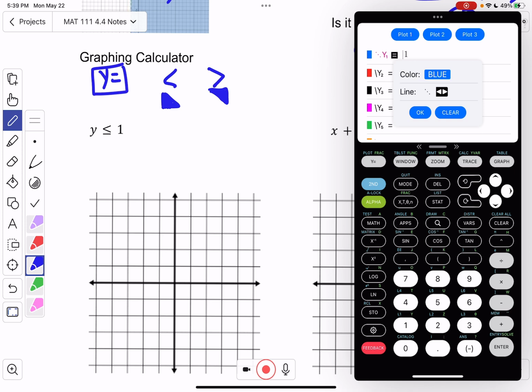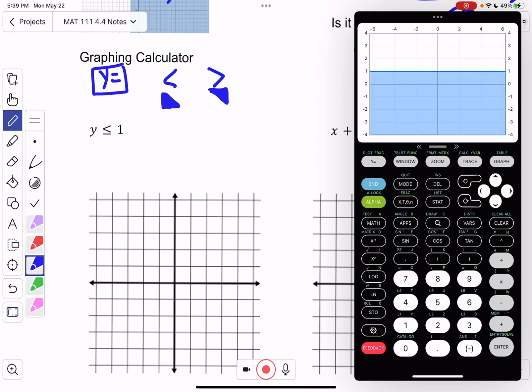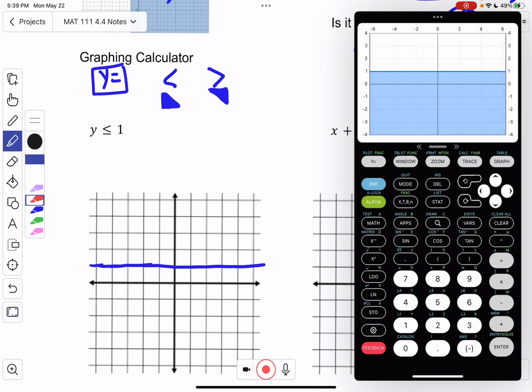Other ones, depending on the edition or how new it is, you can only do this. So when you draw it, you'll have to show me. Then you hit OK and hit graph, and it draws the line at y equals 1 and shades underneath it.